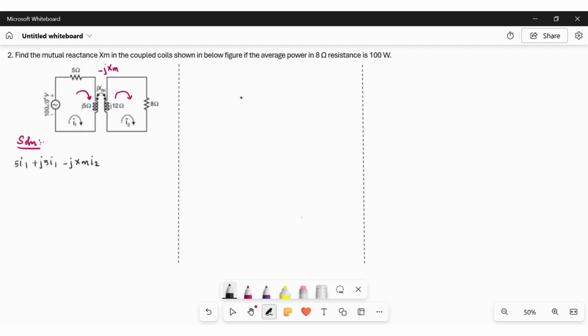Therefore, minus jXM I2, which is equal to 100. The angle is going to be 0, so we need not consider that. So, if I take I1 commonly outside, (5 plus j5) I1 minus jXM I2 is equal to 100. This will be equation number 1.